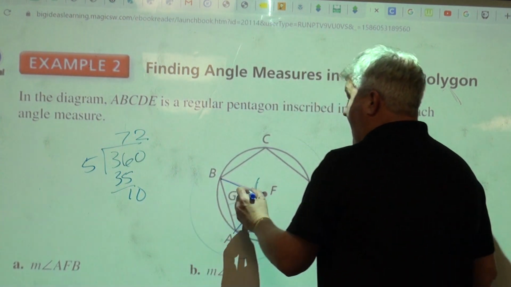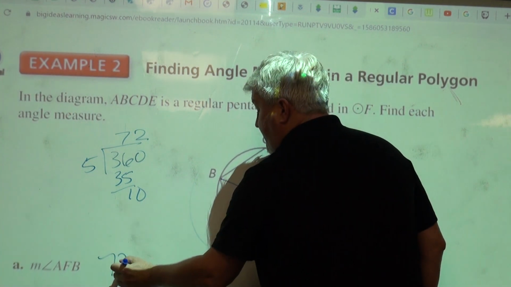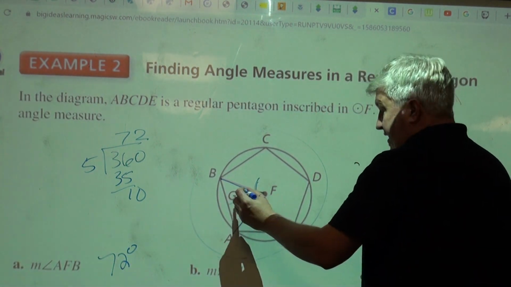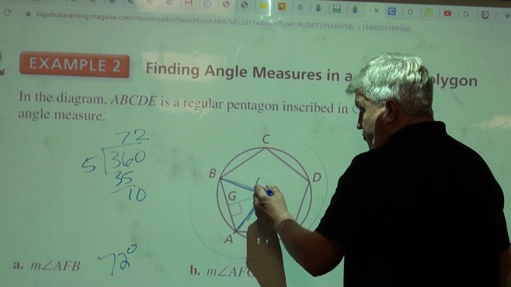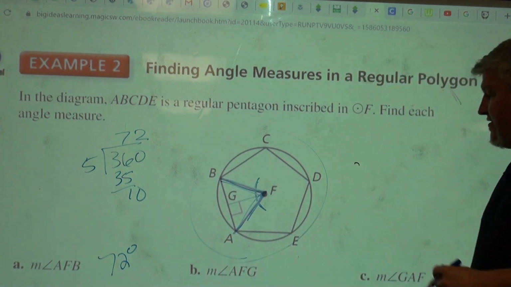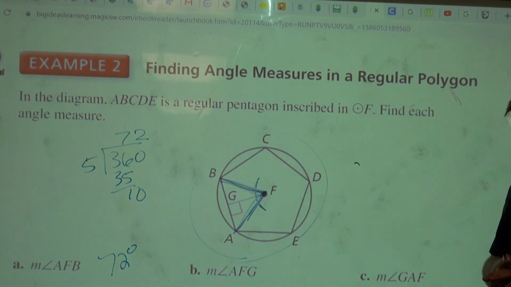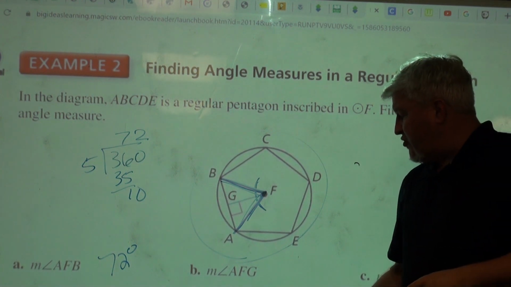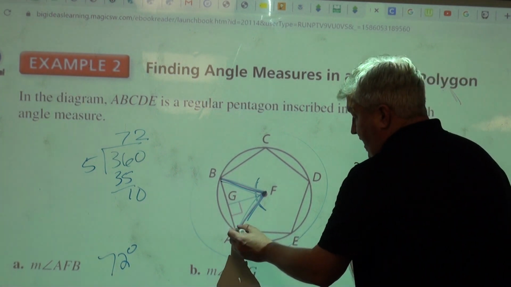Okay, so that angle is 72 degrees. AFB is 1/5 of the entire circle. It's 72 degrees. Great.